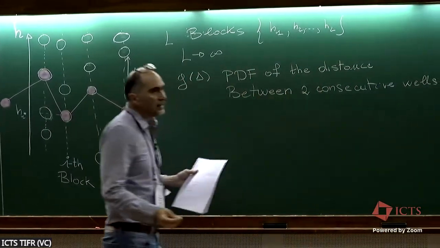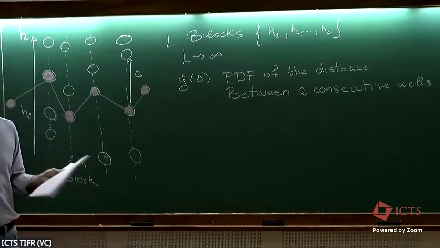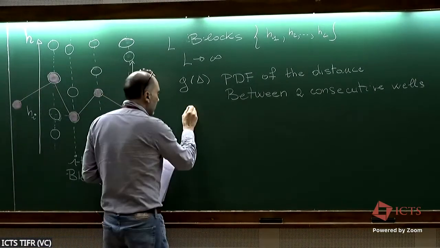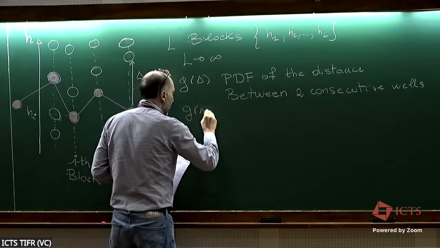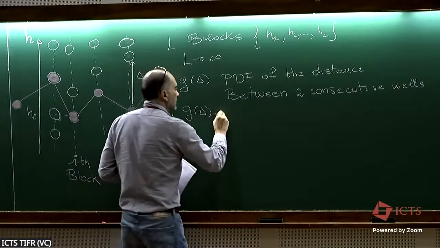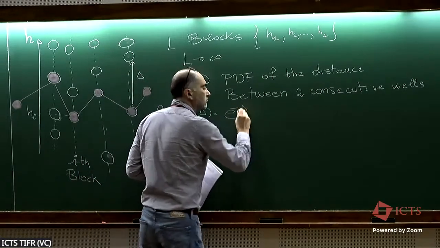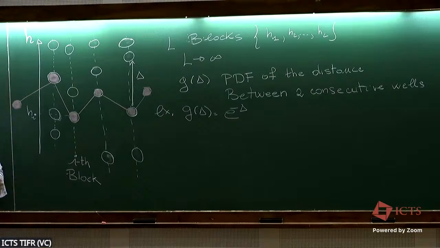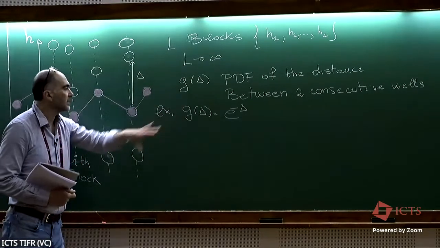G of delta is not a particular feature. It's not a power law, it's something that you can imagine. This is an example: exponential of minus delta. It's a positive distribution, it cannot be a negative distance, but this is the only requirement, and the universal results are independent of G of delta.